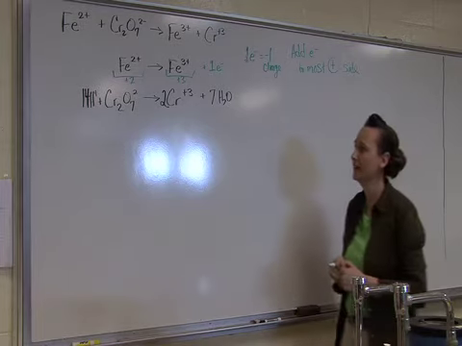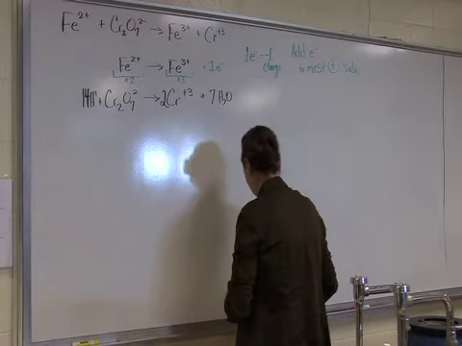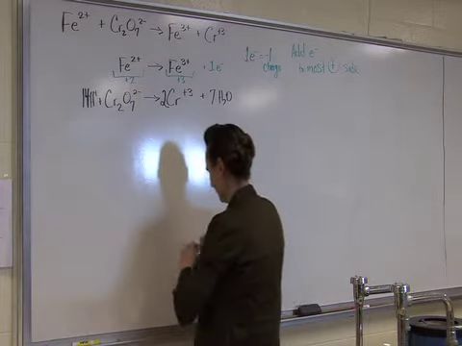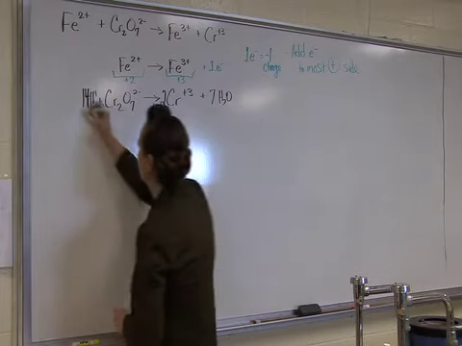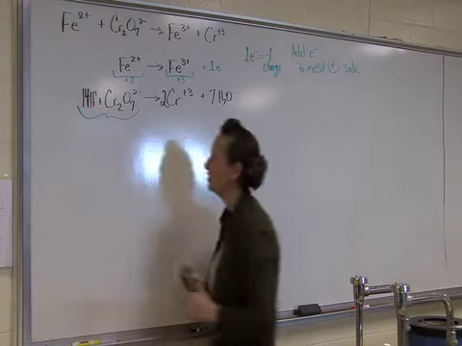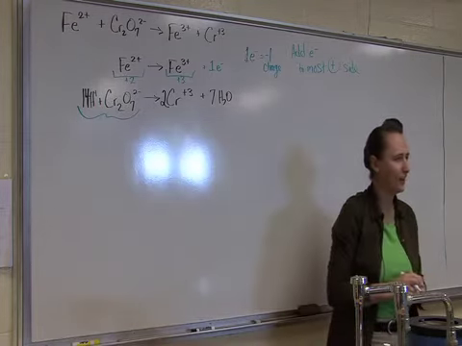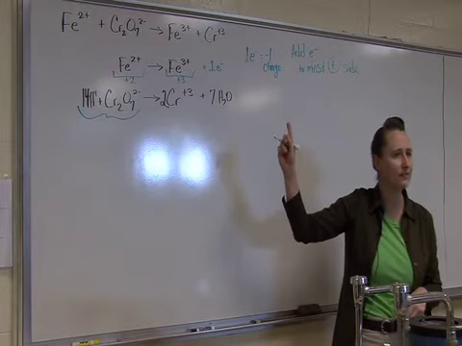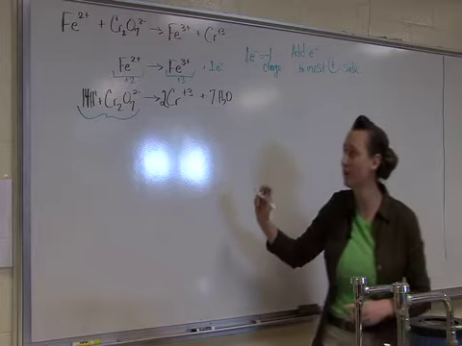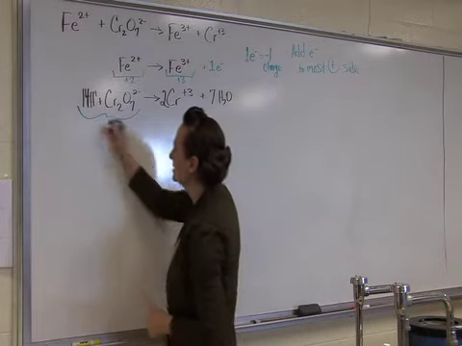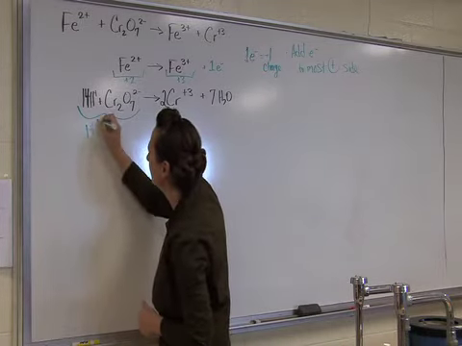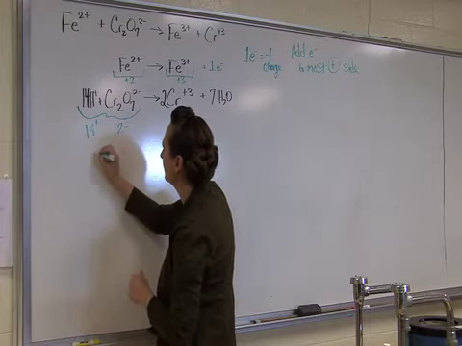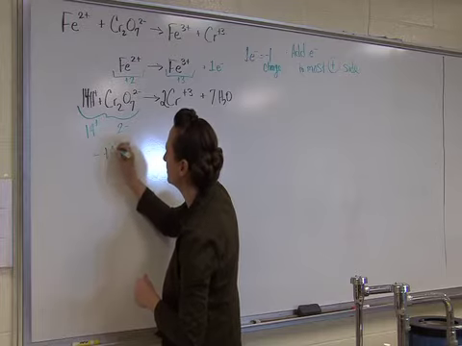All right, now I'm missing the rest of my charge here. It's a 2 negative. Determining total charge is not always as simple as looking at just the charge on the ion. You also have to look at the stoichiometric coefficients. So I have 14 plus, I have a 2 minus, which gives me 12, plus 12.